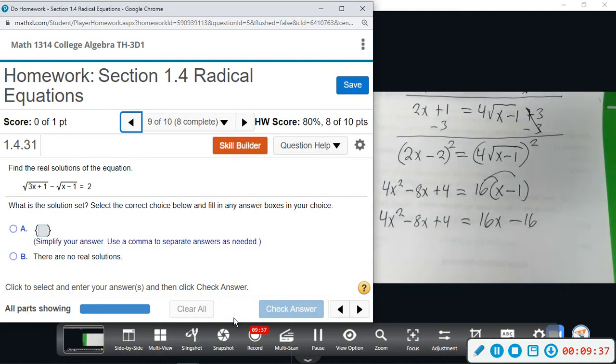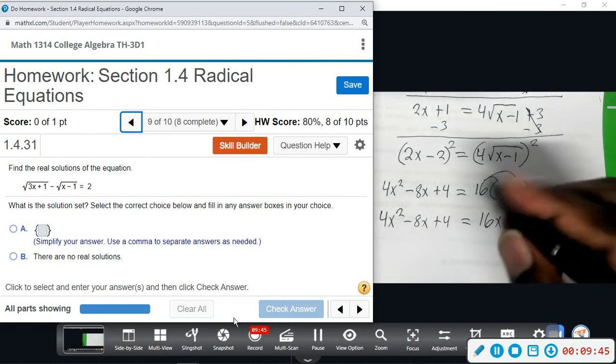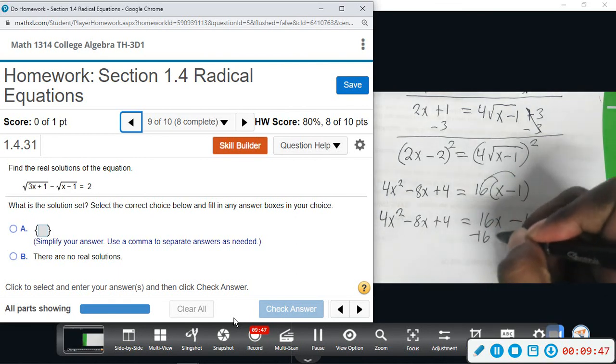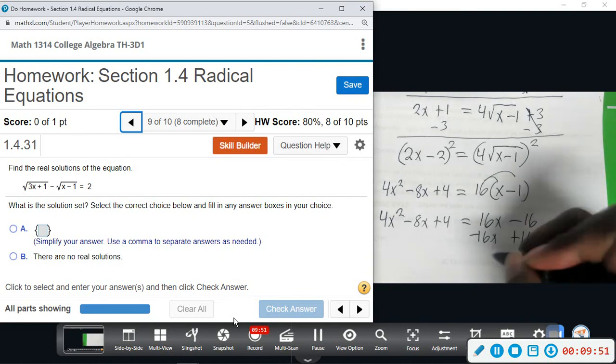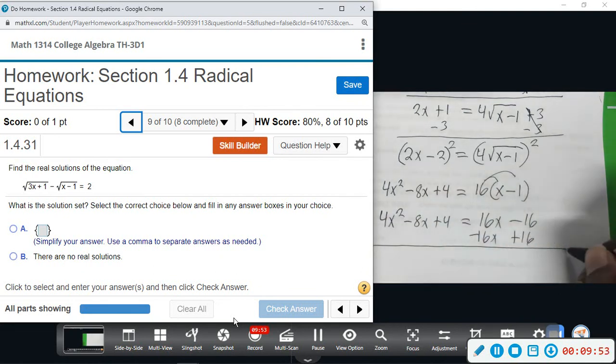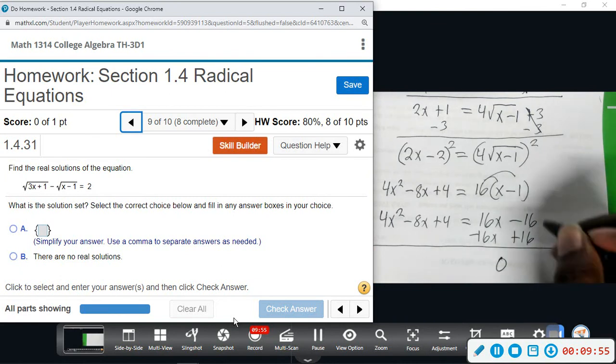Alright, so I'm going to combine like terms, or move everything over so we have everything set equal to 0, and then we will solve our quadratic. So I'm going to subtract 16x, and I'm also going to add 16, so it's going to leave this left side with 0. Just trying to condense some work.